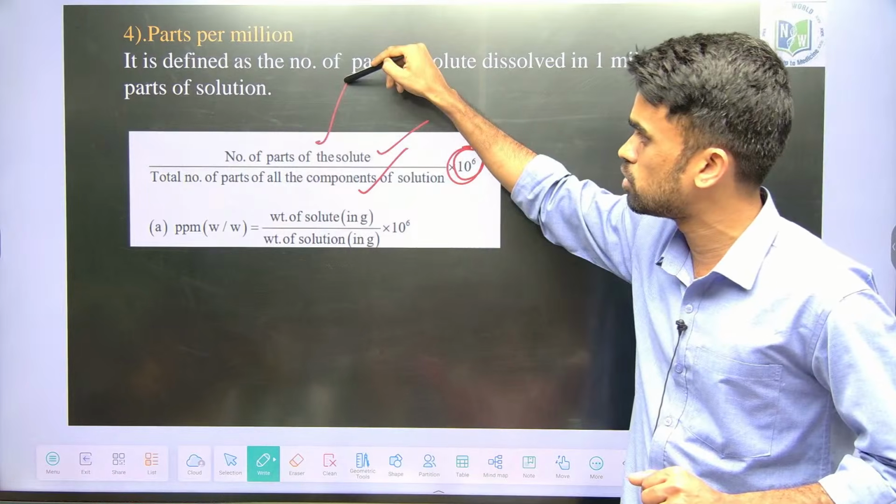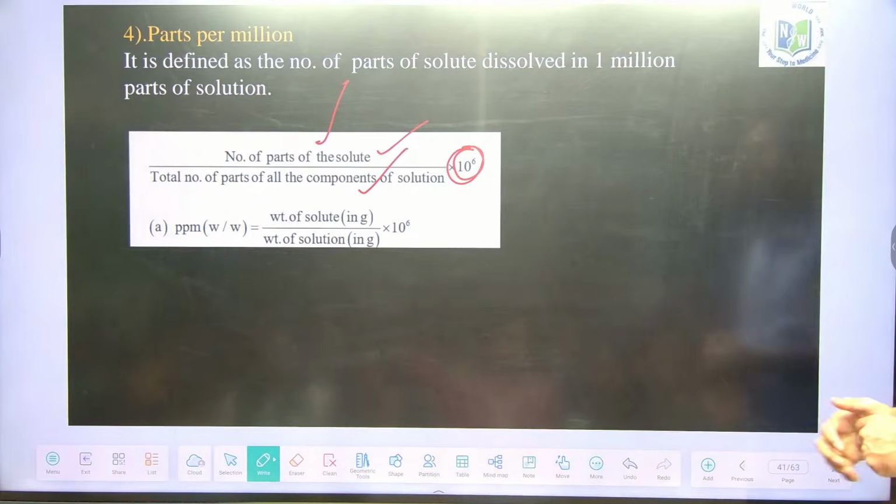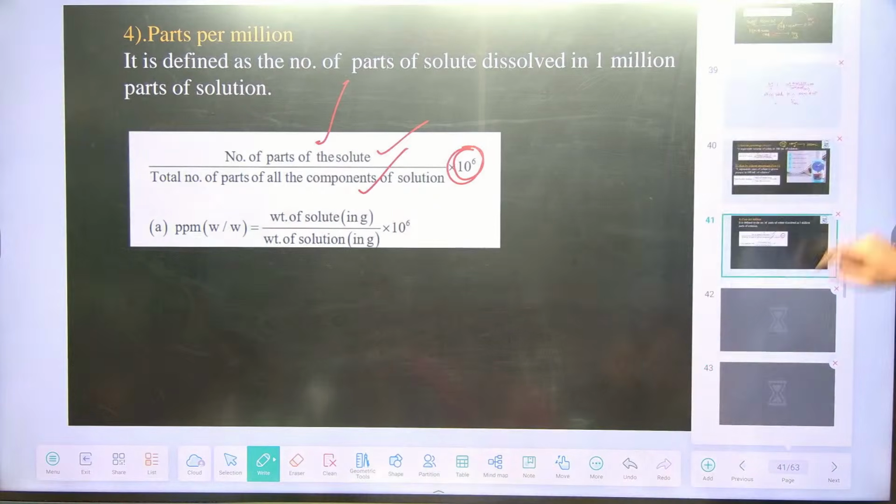That's why you take the number of parts of solute by the total number of parts of all components in the solution, into 10 power 6. Okay, up to here. Done? Okay, next.